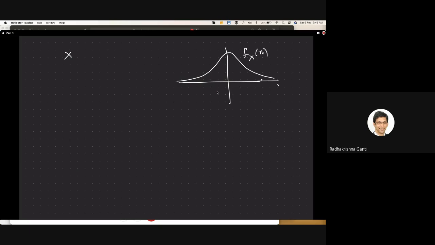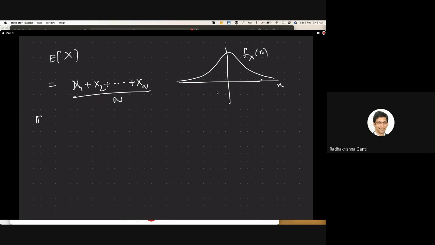So what is expected value of x? Essentially what you do is you generate this random variable multiple times, and you do x1 plus x2 up to xn and you divide by n. This is what is expected.